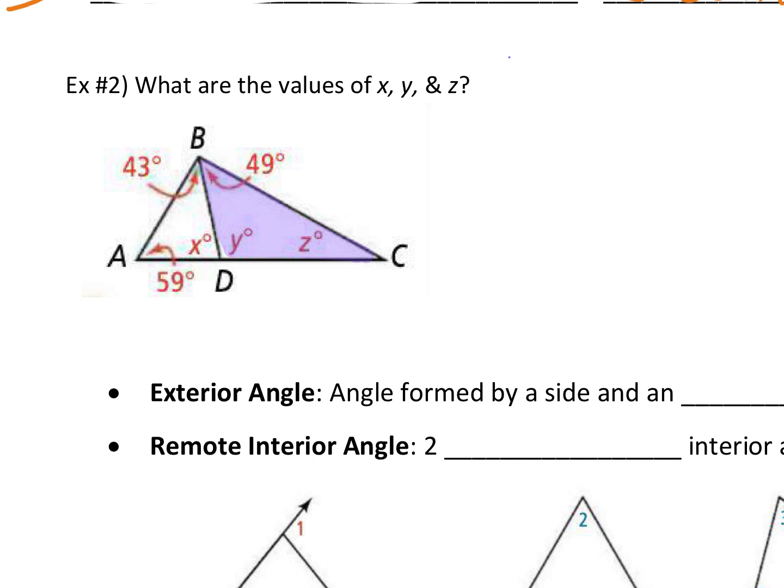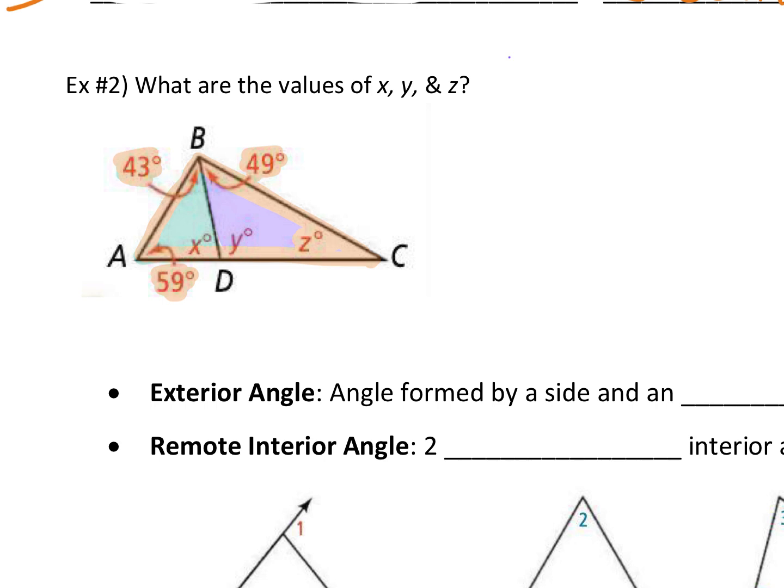You have this triangle, which means 43, 59, and x should add up to 180. But then you also have this triangle. So that means z and 59 and 43 and 49 together will add up to 180, okay?